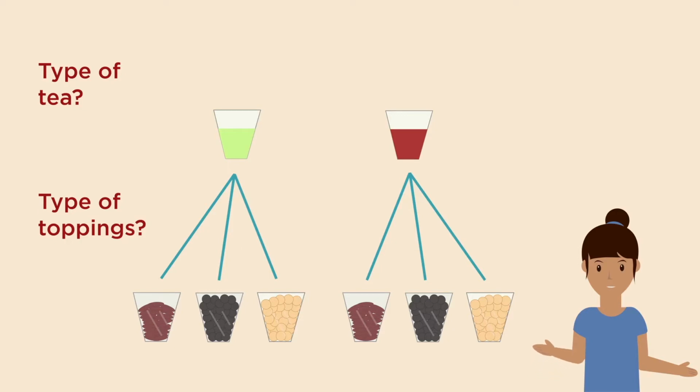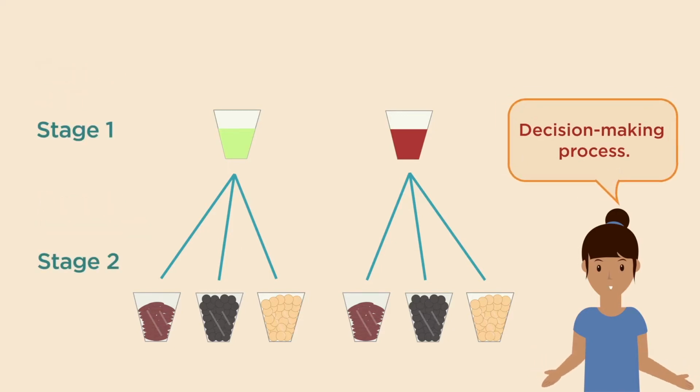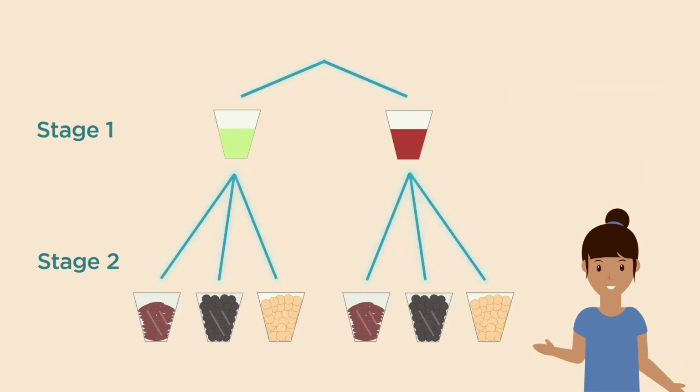The diagram shows the outcomes of a two-stage decision-making process. The result of each stage is shown at the end of a branch for that stage. For example, the two possible outcomes of the first stage are green tea and red tea. The outcome green tea is at the end of this branch. The outcome red tea is at the end of the other branch.